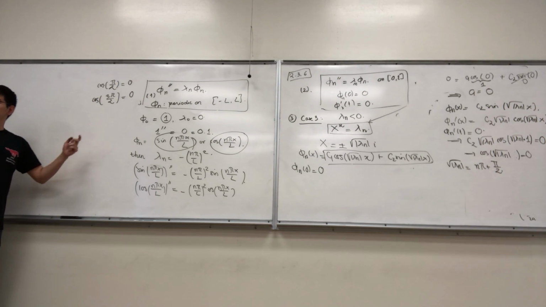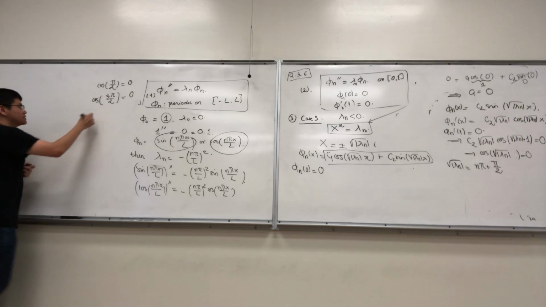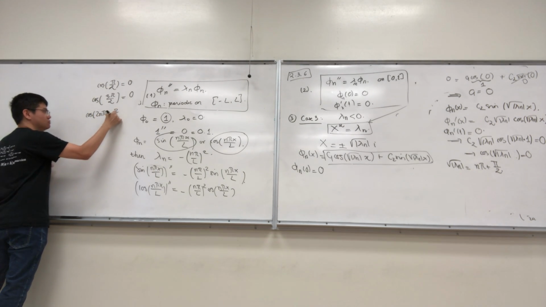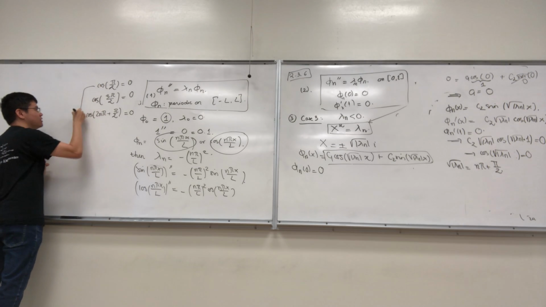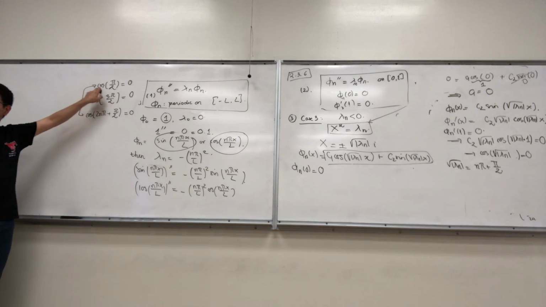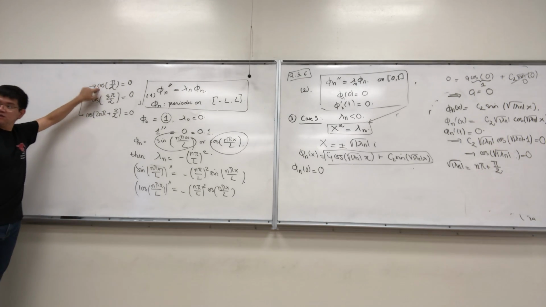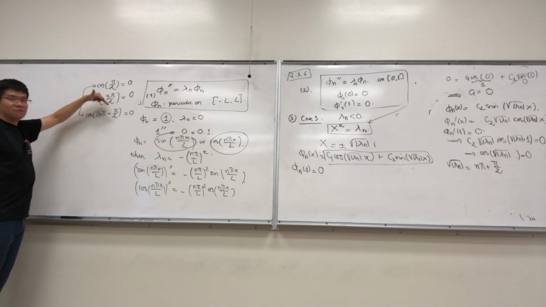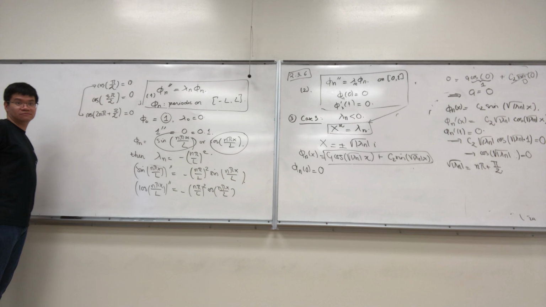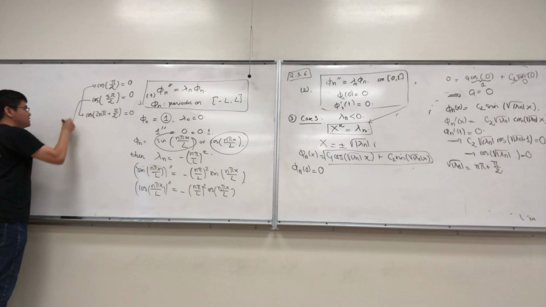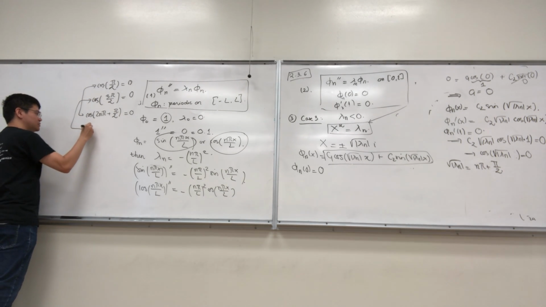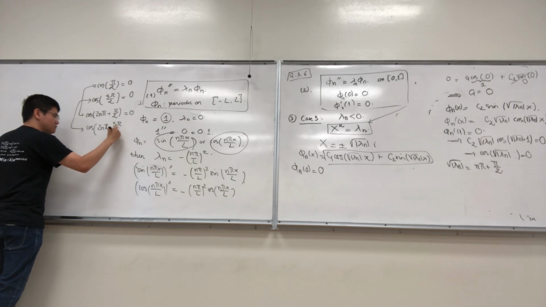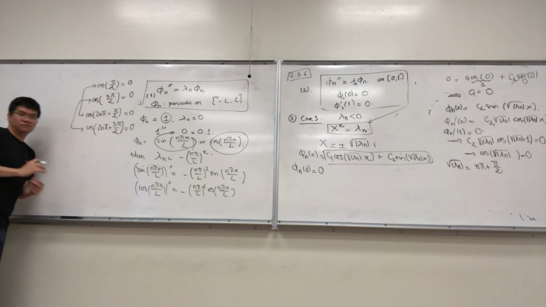Because this is a periodic function, cosine of 2n pi plus pi over 2 has to be 0, because cosine is periodic with period 2 pi. So cosine of pi over 2 is 0 means cosine of 2n pi plus pi over 2 is also 0. The same holds for the second one: cosine of 2n pi plus 3 pi over 2 is 0, right?